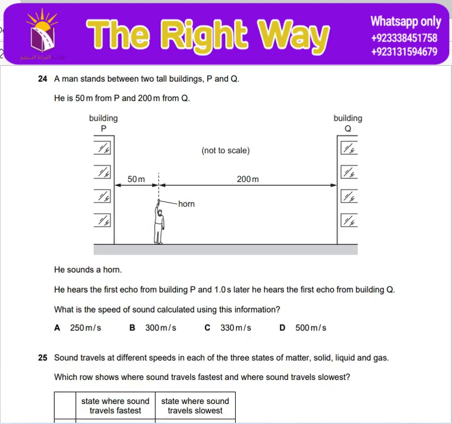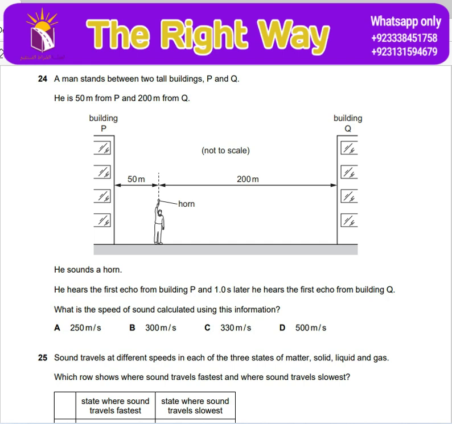Question number 24. A man stands between two tall buildings, P and Q. He is 500 meters from P and 200 meters from Q. He sounds a horn. He hears the first echo from building P, and 1 second later he hears the echo from building Q. What is the speed of sound calculated using this information?